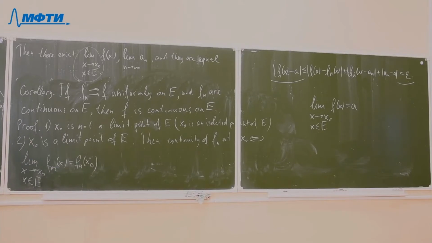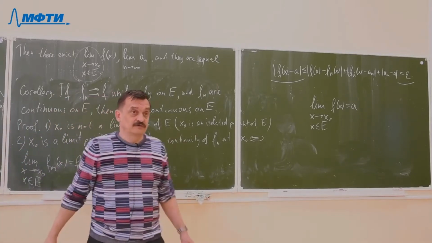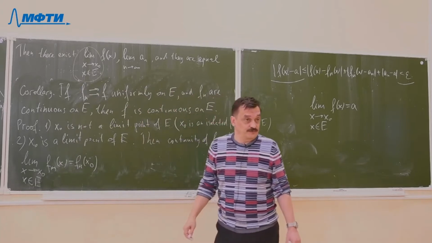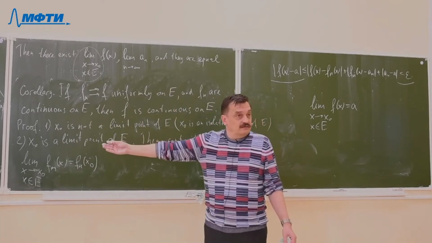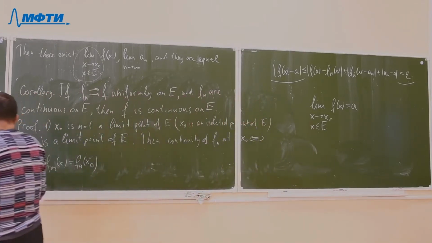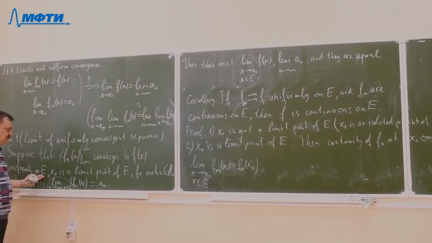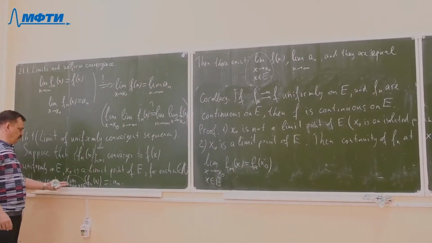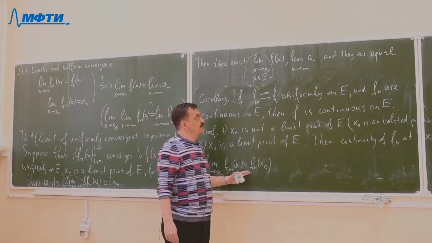That is by definition of continuity at a limit point. So continuity means that the limit equals the value of the function at this point. And then apply the theorem, right? So uniform convergence we have, right? X naught is a limit point, we have limits. So instead of an, we have fn of x naught.